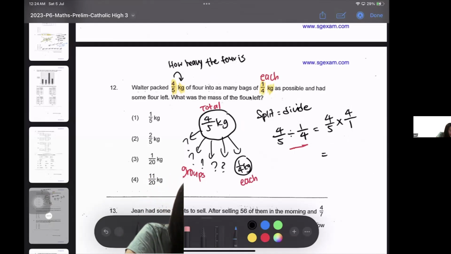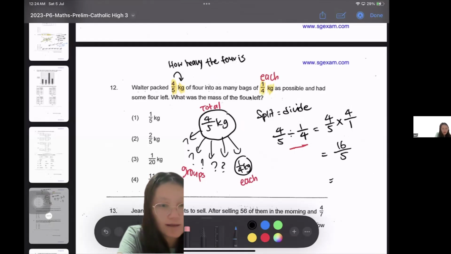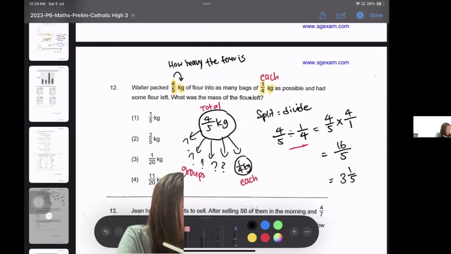So 4 times 4 is 16/5. Then you must change it into a mixed fraction, which is 3 1/5.